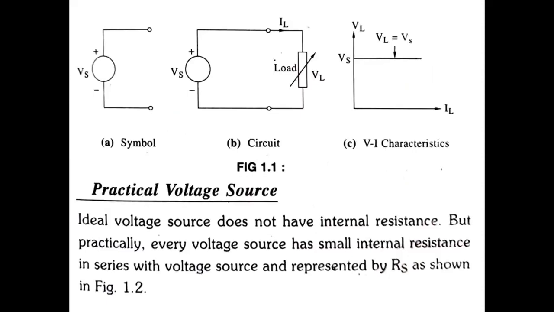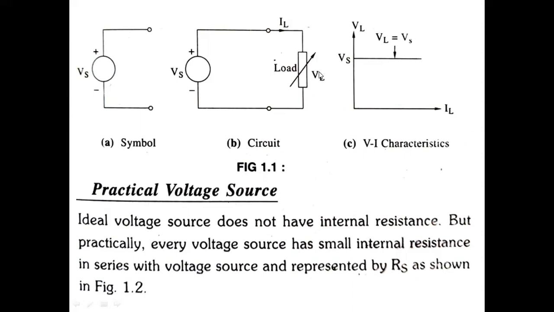This is the ideal voltage source symbol, and here the circuit load is connected. Even if IL varies, the voltage at these terminals remains constant, that is VL remains constant.